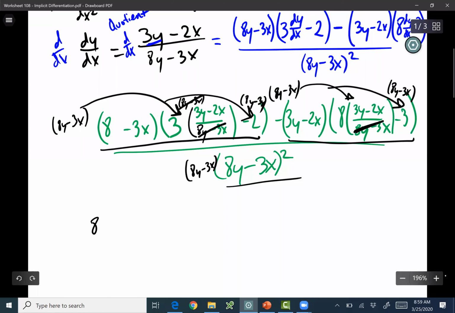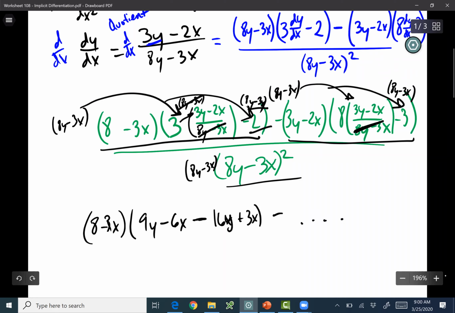So we get (8y minus 3x) times, then the 3 is going to multiply with the 3 to give us 9y minus 6x, and minus the 8y minus 3x is going to multiply by the 2 to give us 16y plus 3x. And we kind of just keep going. I'm going to just put dot, dot, dot all over, and the 8y minus 3x is going to become cubed.